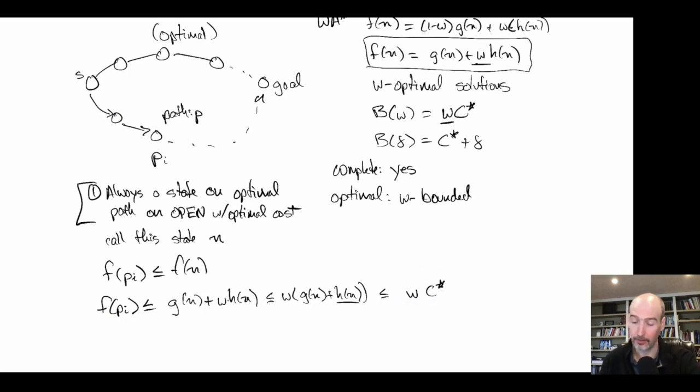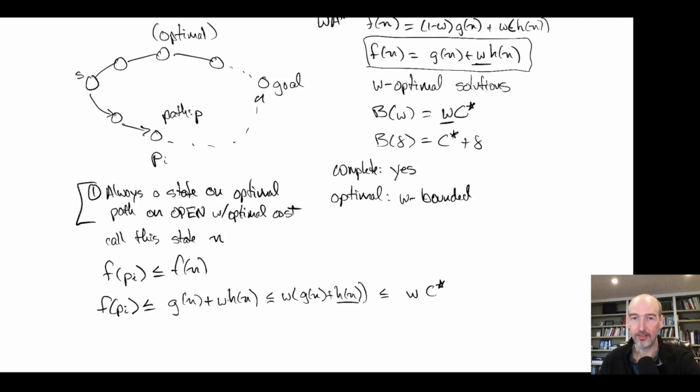And particularly when I get to the goal and I expand the goal suboptimally versus some other node on the optimal path, then the F cost of the goal, where H is equal to 0, so that's just the cost that we find, is going to be less than or equal to W times C star.